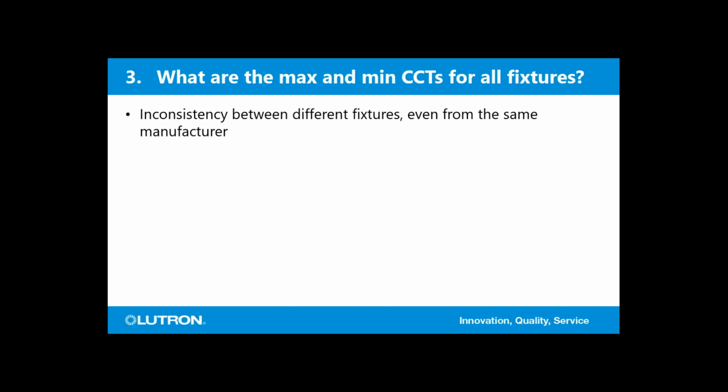And there's quite a bit of inconsistency out there. If you look at an offering of tunable white fixtures, even within the same manufacturer, you'll see that there are different starting ranges. So they might have some that go from 2,000 to 5,000, others that go from 2,500 to 6,000. There's quite a big range out there.